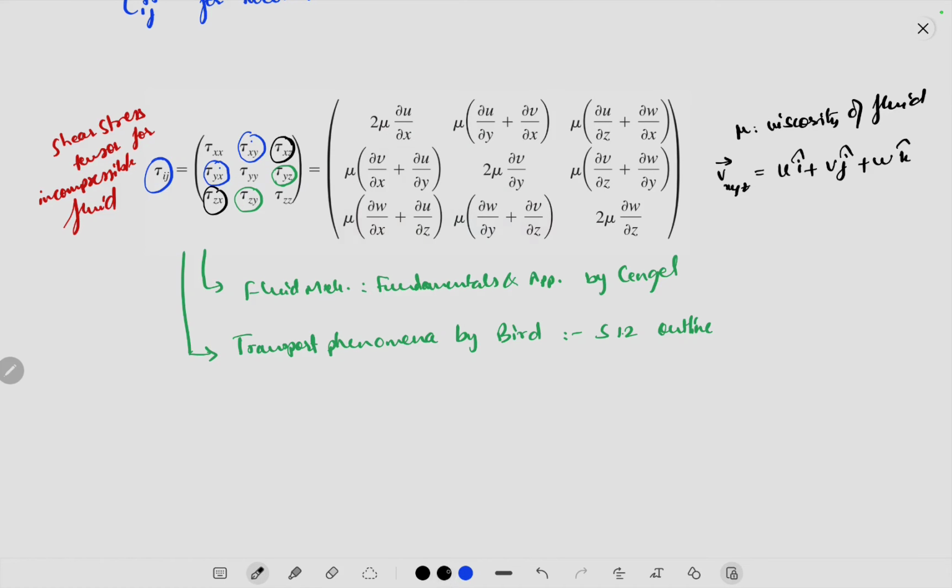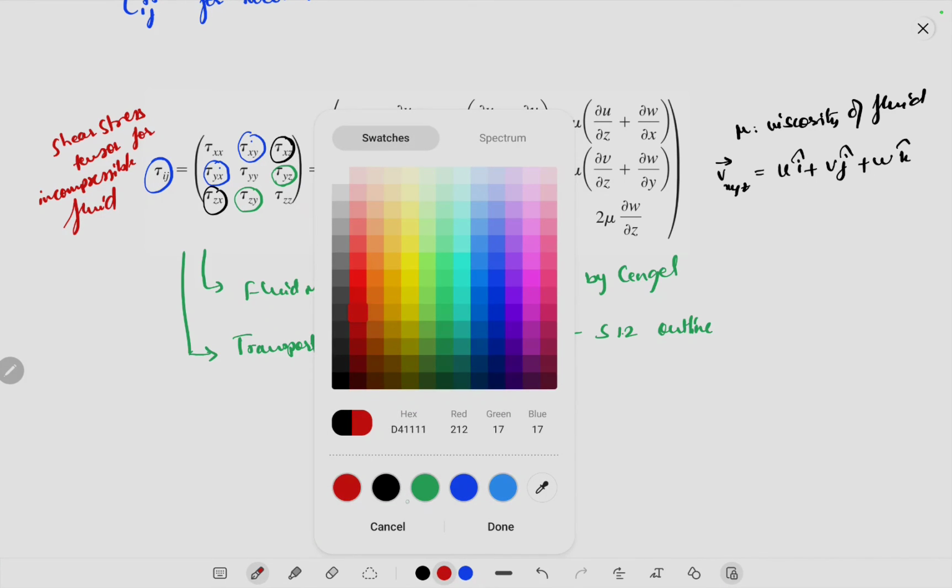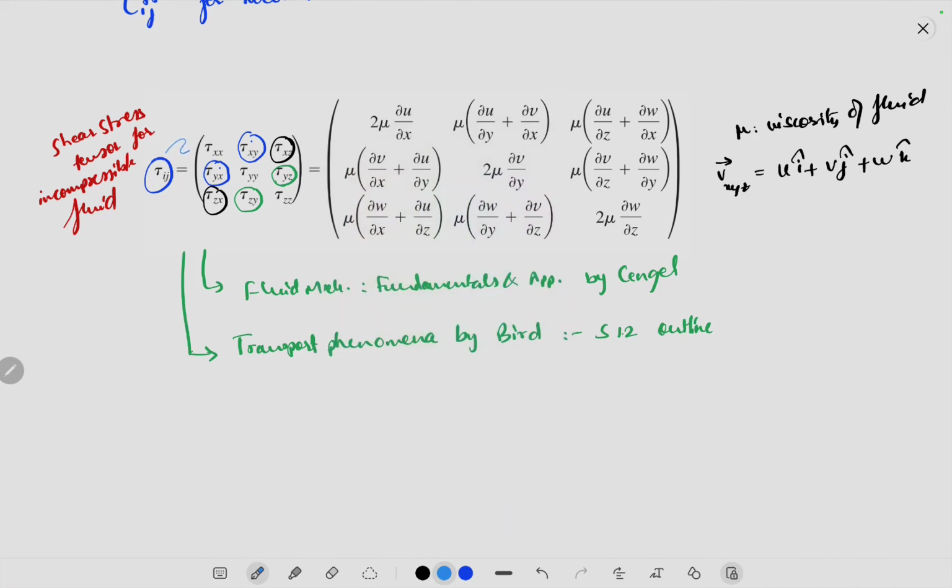So this means that our shear stress tensor matrix is a symmetric matrix, right? Or we can say that the shear stress tensor is symmetric, or we can call it a symmetric tensor.